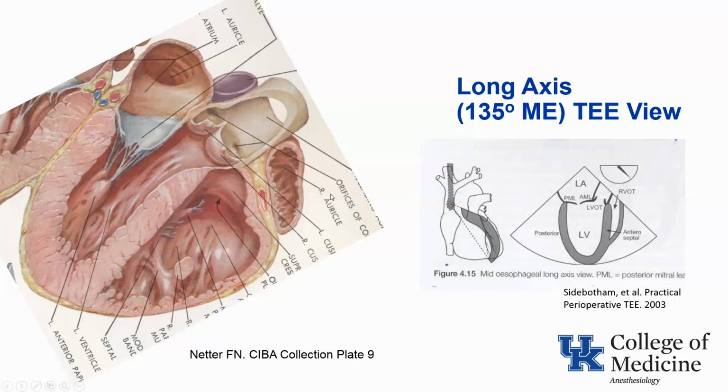Finally, the long axis view shows the left ventricle and a little bit of the right ventricle, the interventricular septum, but most importantly, the outflow tract of the left ventricle and the aortic valve.